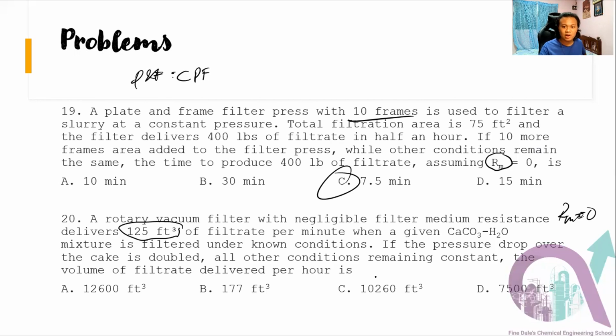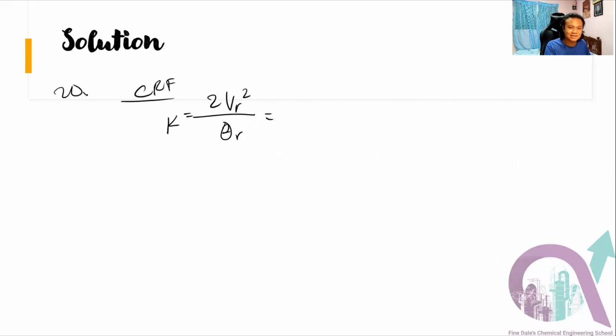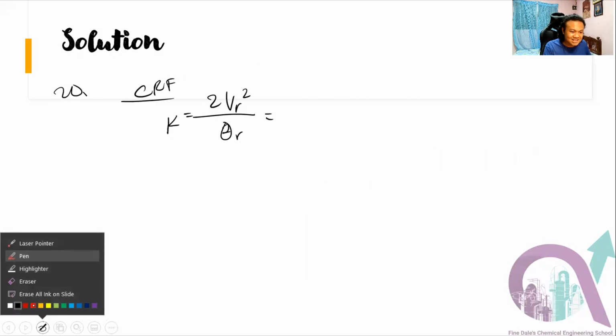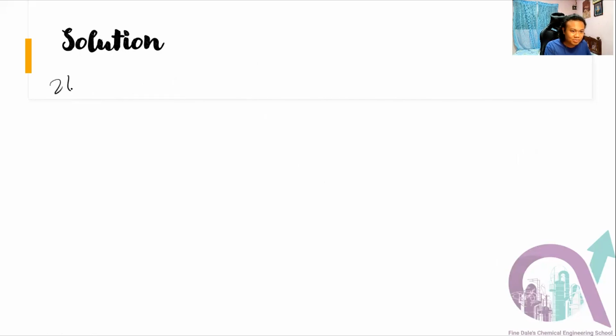Okay, so we are not finished today, so this is number 21 also. For number 20, let's still use the root equation, but this time you have to find the relationship of the volume and the pressure drop. How related are they?